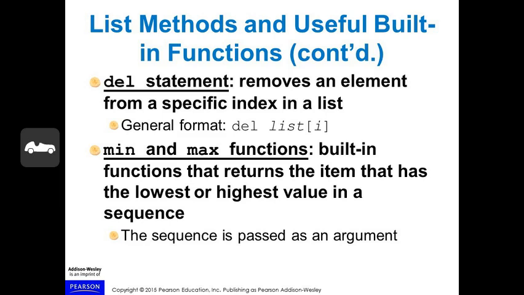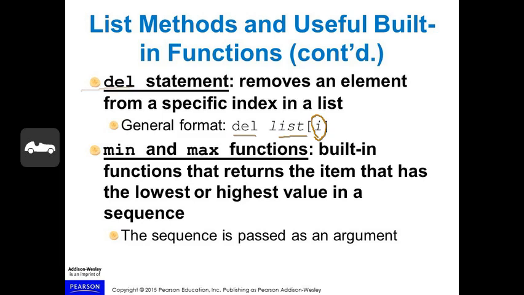However, in some situations, we don't know what item we want to remove, but we know that we want to remove the item at a specific index, regardless of what that item is. This can be accomplished by the del statement. The general format is del list[index]: the item at this index will be deleted from the list.